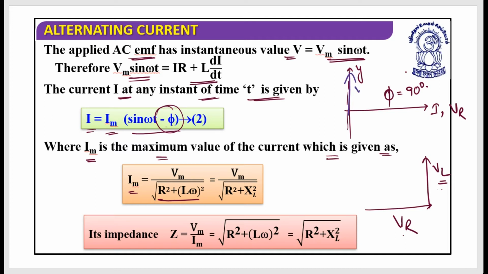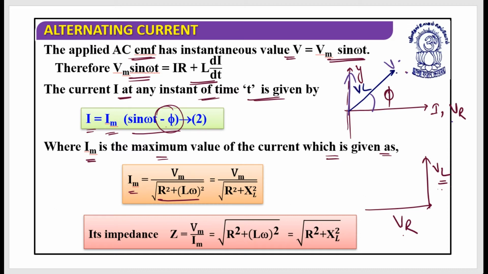This is the line where VL would be, and this VL, this VR. So this is the situation where V would be there, and this angle would be φ. On this axis it would be VL, and this would be V.